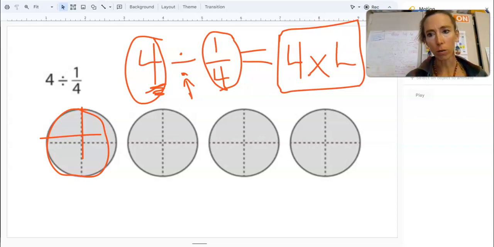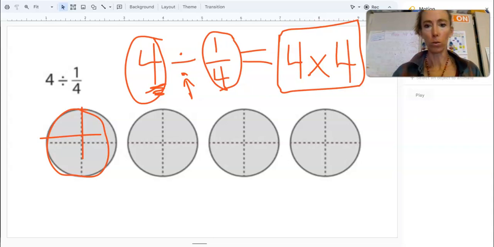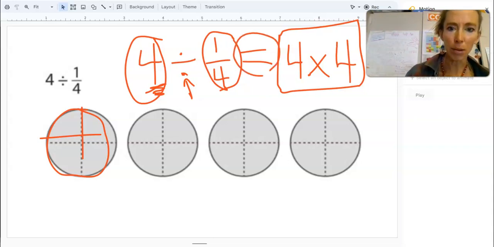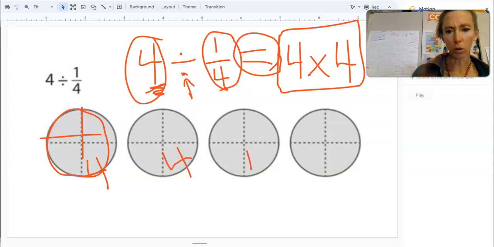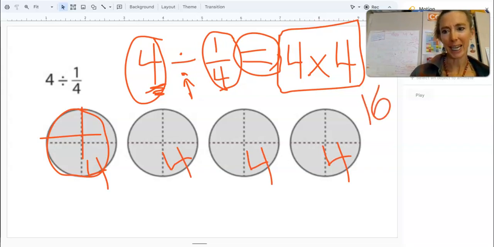Each one has 4. So 4 divided by a fourth is going to be the same answer as 4 times 4. And we can see that in this picture. I have 4 fours. Yeah? So how many total fourths is that? You got it. Good job. 16.